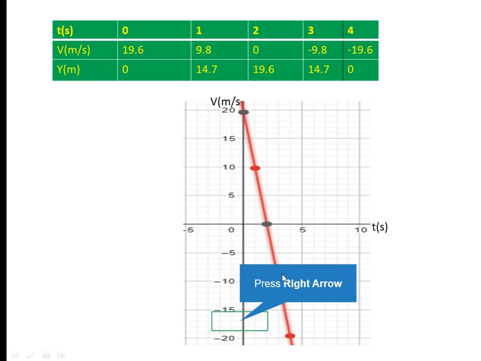At t3, the velocity is minus 9.8. It changes direction. At t4, the velocity is minus 19.6. It comes to the starting point or throwing point.